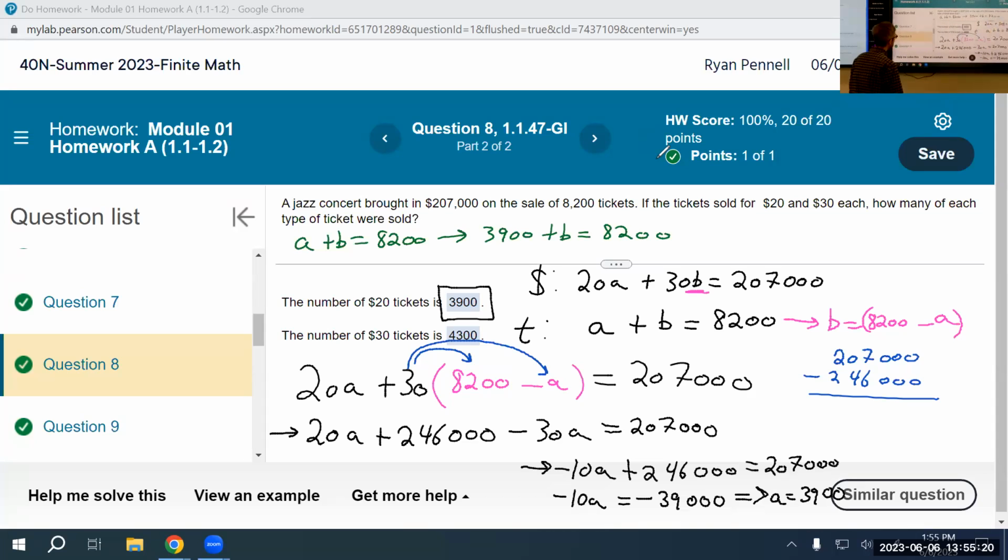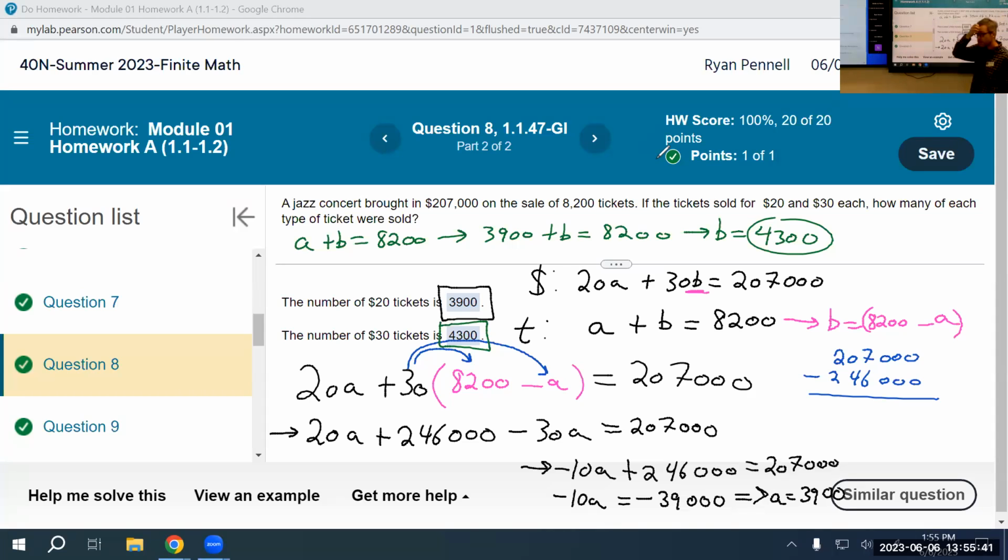If we subtract both sides by 39, I think B equals 43. Okay. That's using substitution.